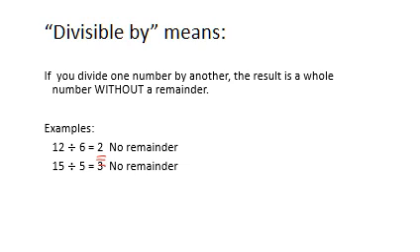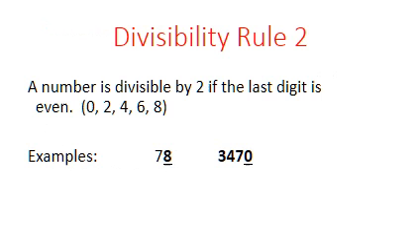Okay? So first, we are going to learn how to check the divisibility by 2. The rule says that a number is divisible by 2 if the last digit is even, or in other words, the ones digit is even.